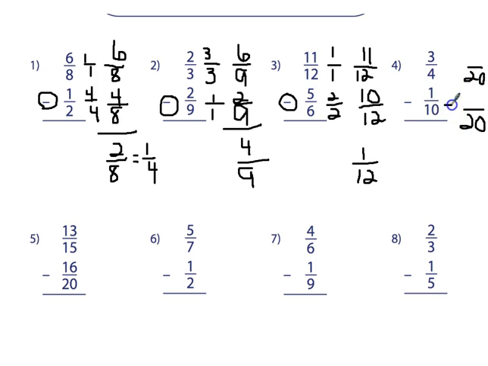Four times what number is 20? Well, that's 5. So there's my factor. 3 times 5 is 15.